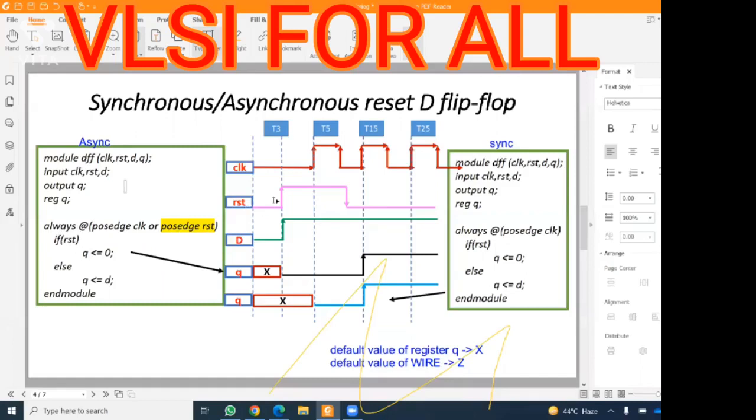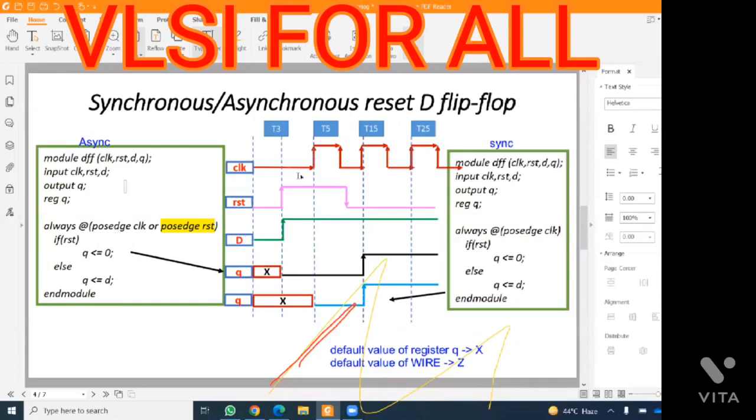Reset is high here, yes, it's high, right? So the value 0 will be assigned to Q. So this is Q and 0 is assigned to Q. Before simulation, value was default, that is X.